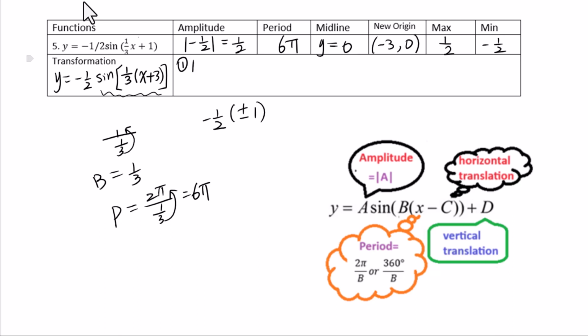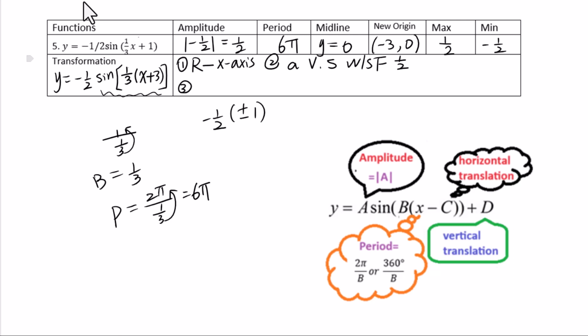Negative sign, we will perform a reflection about the x-axis. 1/2 will perform a vertical stretch with a scale factor of 1 over 2. Do not use compression or shrink. In the IB exam, they will count that wrong.